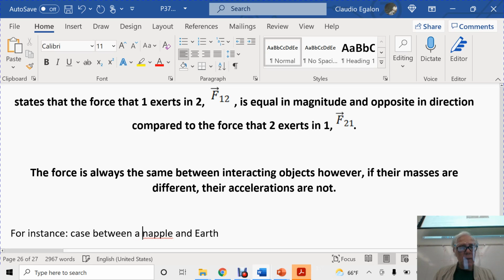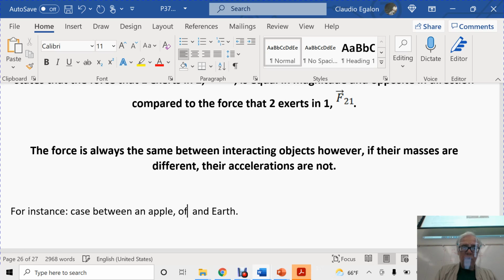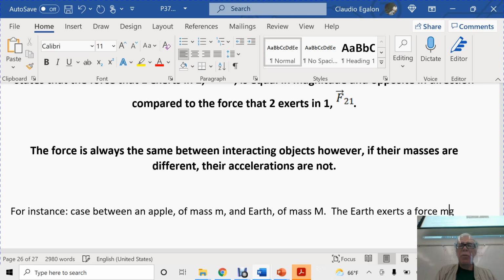The apple has mass m, and the Earth has mass capital M. The Earth exerts a force mg on the apple.